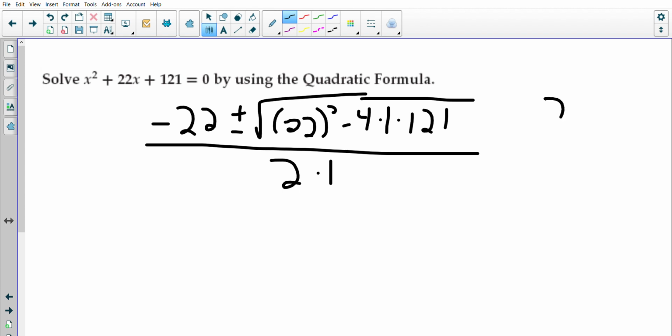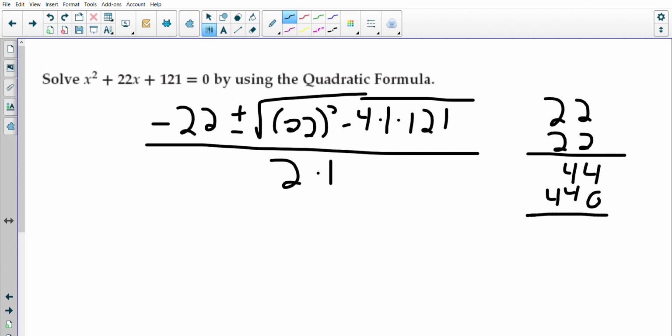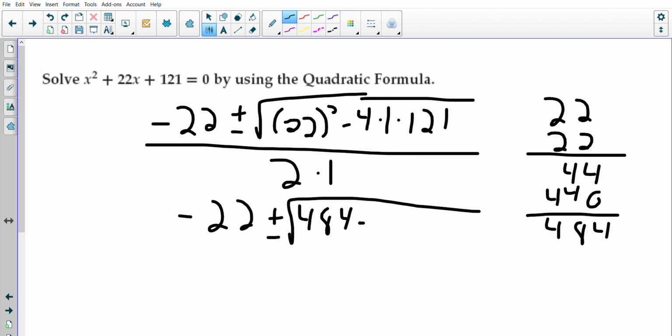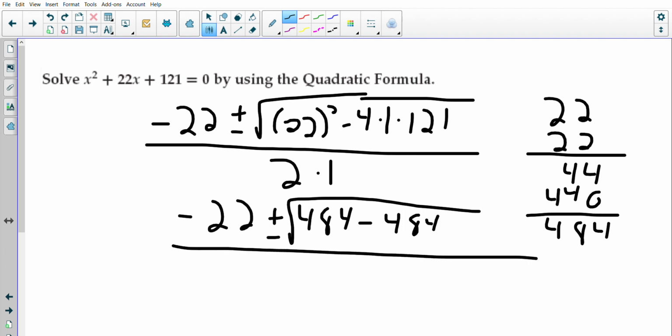So we got to do a little work here. 22 squared, so 22 times 22, or do a little scratch work. So I get 484. So 22 plus minus the square root of 484 minus, well, 4 times 121, that's 484 also. All over 2.